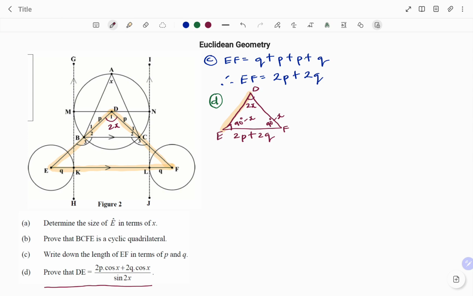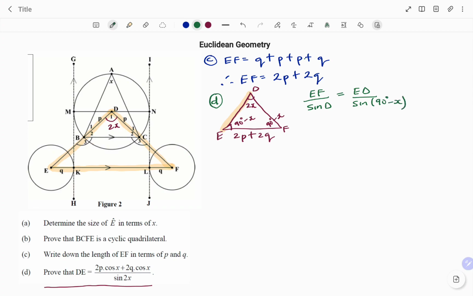And my sine rule states that the side EF over the sine of angle facing EF, that's sine D, is equal to the side ED, that's the side I'm looking for, over the sine of angle facing ED, that's 90 degrees minus x.